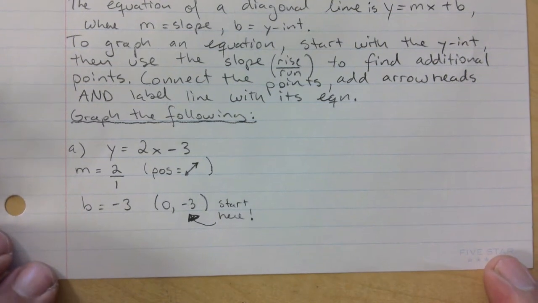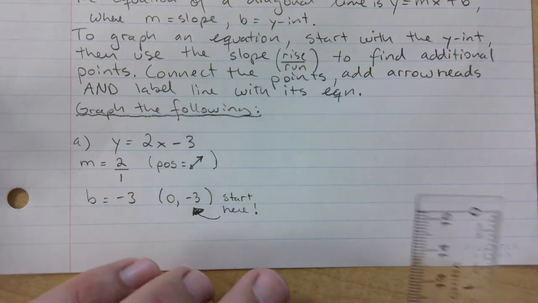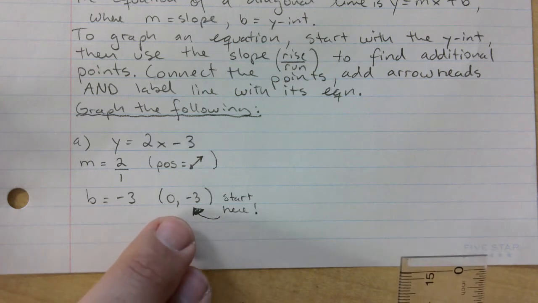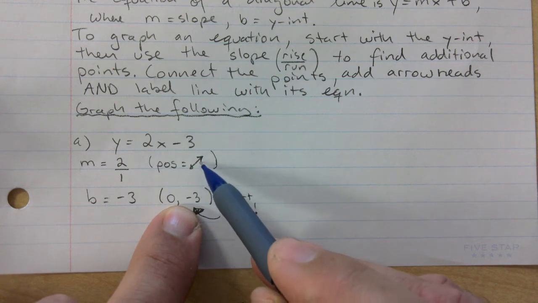So when you graph this, you always want to have a ruler with you, okay, for this unit, especially this unit, have a ruler with you all the time. So we're going to start at -3 and we're going up, right?